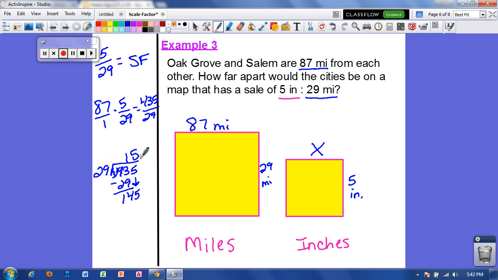And then 29 times 5, well, we know 20 times 5 is 100. 9 times 5 is 45. So 29 times 5 would be 145. So that means that on our scale, on the map, 87 miles would equal 15 inches.